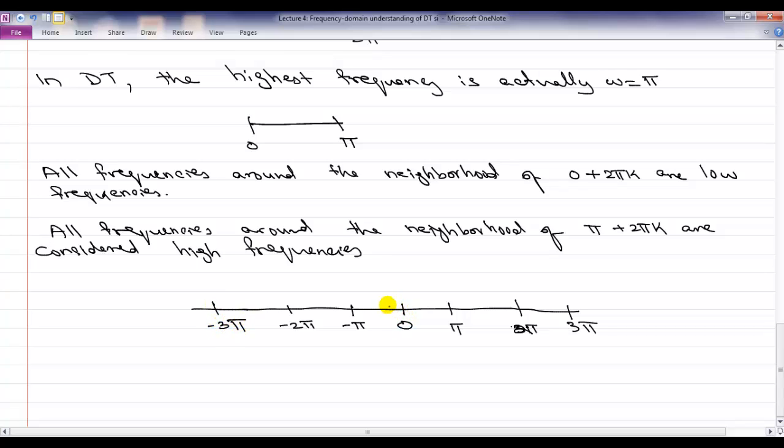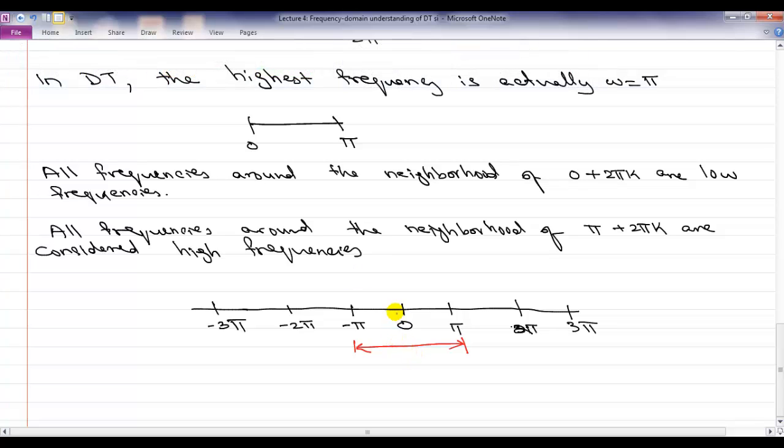Okay. In discrete time frequencies, we often either focus only on frequencies 0 to 2 pi or minus pi to pi. The convention is that we only look at frequencies between this region. Why? Because if we know about frequencies between minus pi and pi, we know all the other frequencies, because all the other frequencies are exactly the same as the frequencies between minus pi and pi.